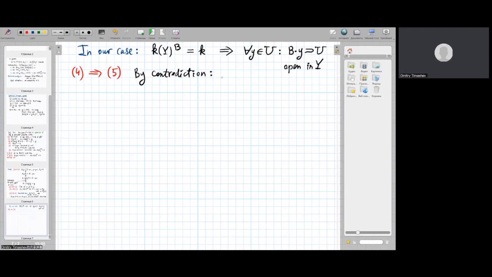So assume that we have two occurrences of one and the same irreducible submodule in the space of sections, say subspaces M1 and M2 in the space of sections, which are G-invariant subspaces, and the representation of G in both subspaces is isomorphic to one and the same irreducible G module V of lambda of highest weight lambda.